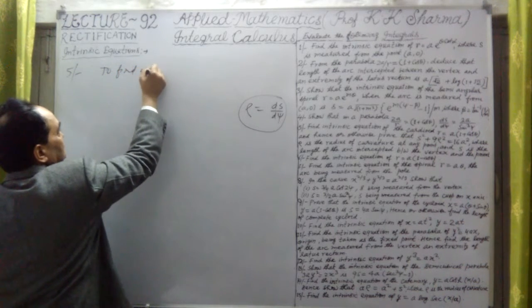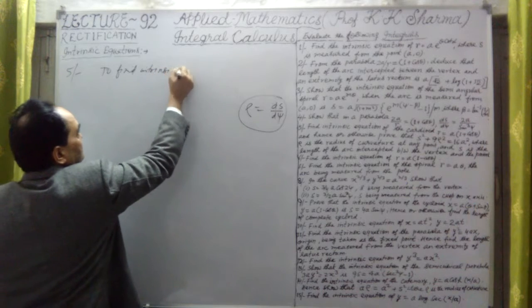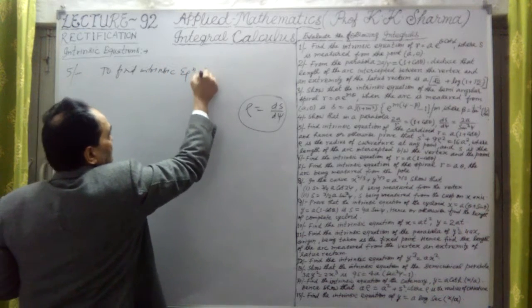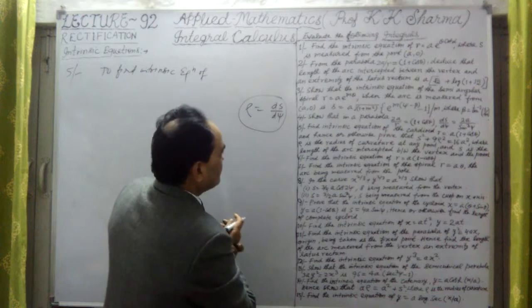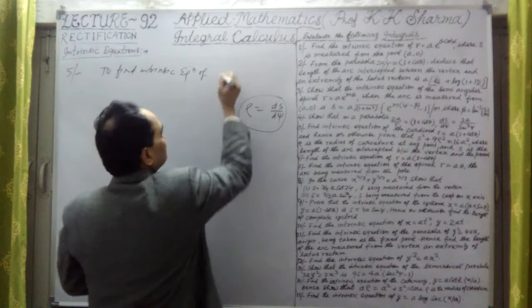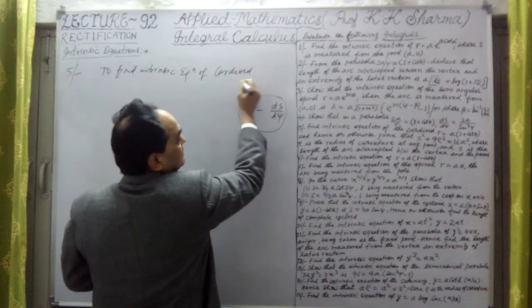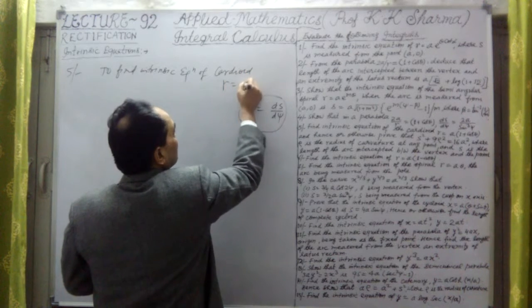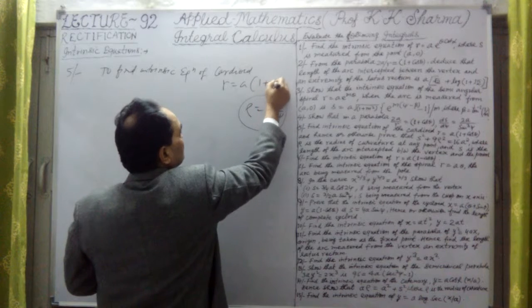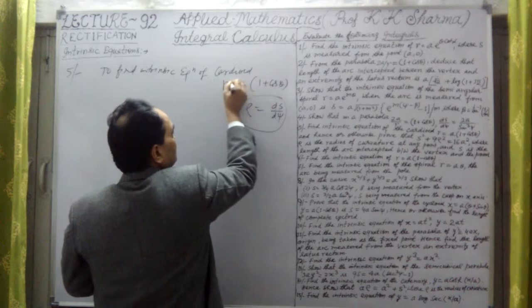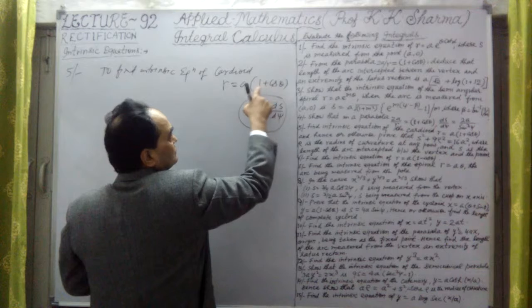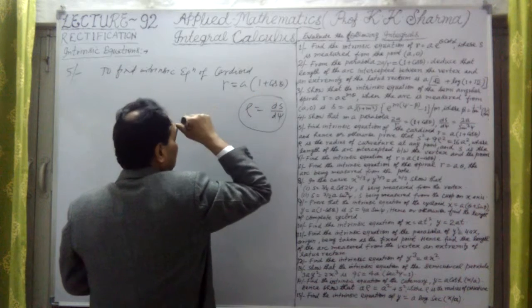So question number 5 here, to find the intrinsic equation of the cardioid r is equal to a into 1 plus cos θ. Now if I put θ is 0, then this is 1 plus 1, 2a. So r is equal to 2a.